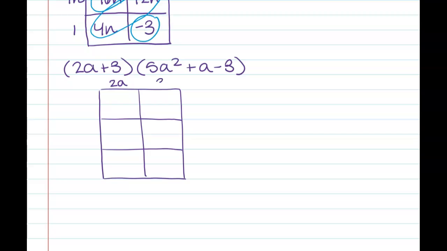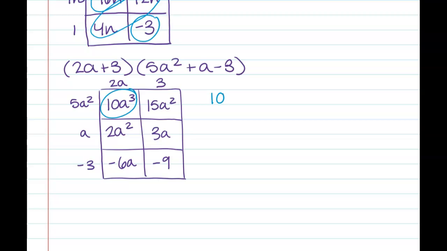So 2a and 3, 5a squared, a, negative 3. 5a squared times 2a is 10a cubed. 5a squared times 3 is 15a squared. a times 2a is 2a squared. a times 3 is 3a. Negative 3 times 2a is negative 6a, and negative 3 times 3 is negative 9.